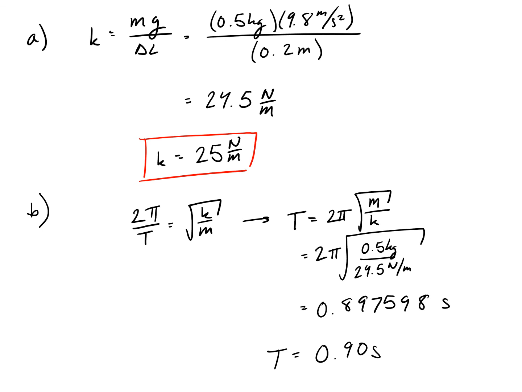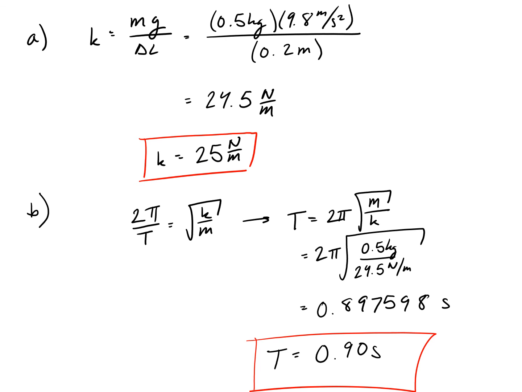So here in B, I need to make sure, and this is a common thing that you'll see in simple harmonic motion, that with the two omega equations, or the three omega equations, you might have to use multiple of them together to solve for the period or the frequency.